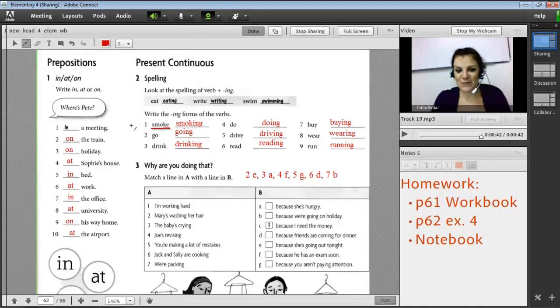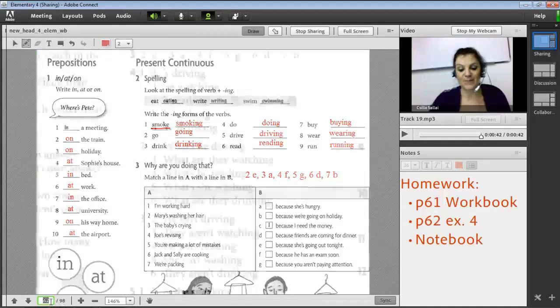So I hope you've done very well. And also with the matching exercise where you had to match a line in A with a line in B. Make sure you correct all your answers. Well done. Now let's move on to page 62.